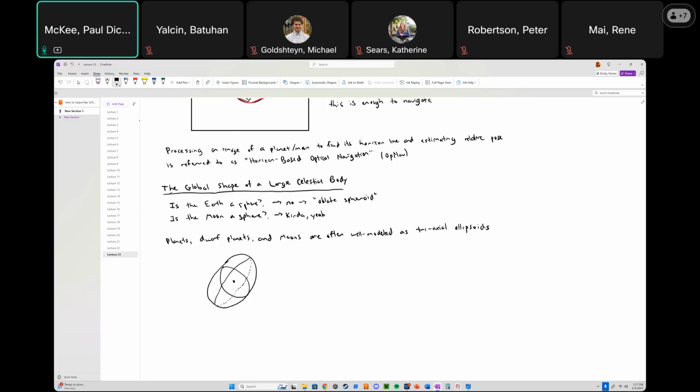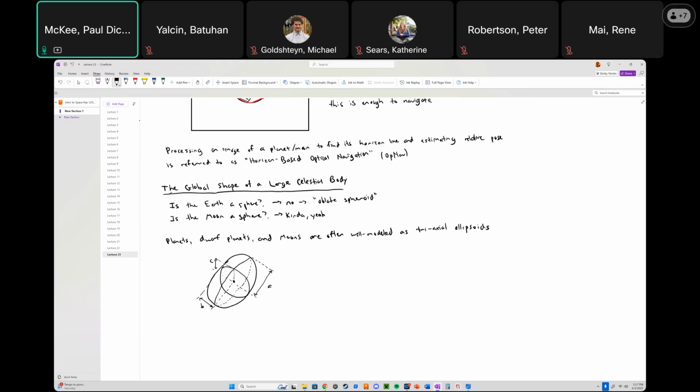So from the center out to here, that distance is A. And then from the center up to here, that distance is, I think I have that as C. And then this distance is B. Doesn't really matter. The point is you've got a length, a width, and a height, or kind of a half length, half width, half height of this triaxial ellipsoid, A, B, and C.